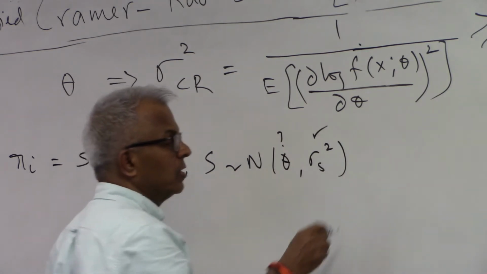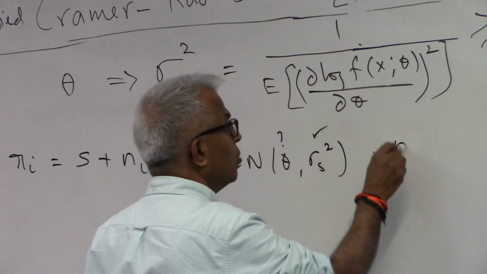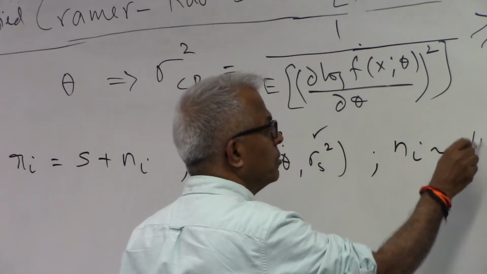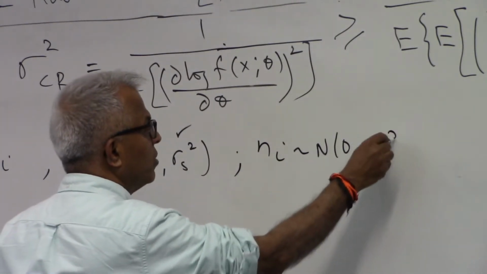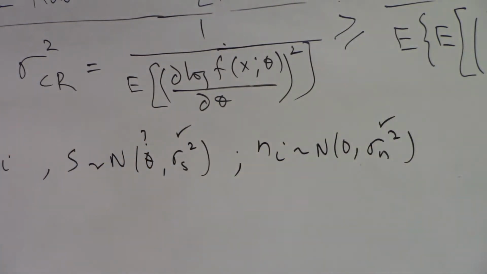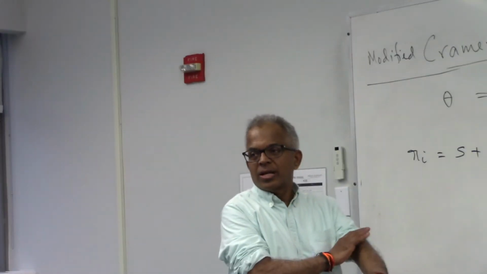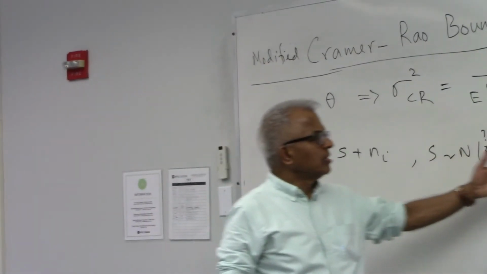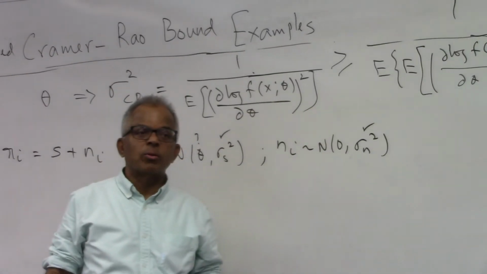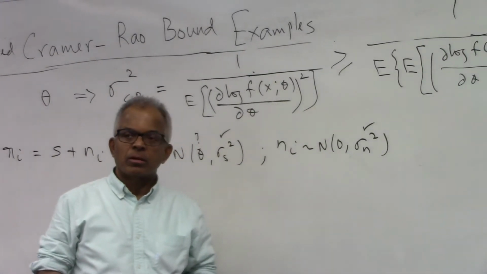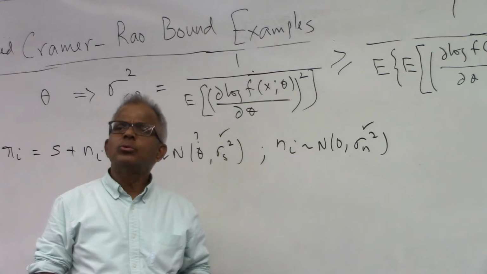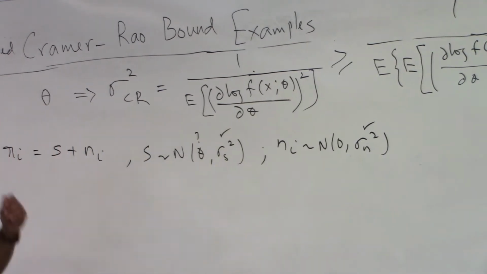Variance is known, theta is unknown, and noise samples are zero mean with some variance. You can later try to generalize this problem where all these three parameters are unknown. That will be the multi-parameter case, and I will do that next class.